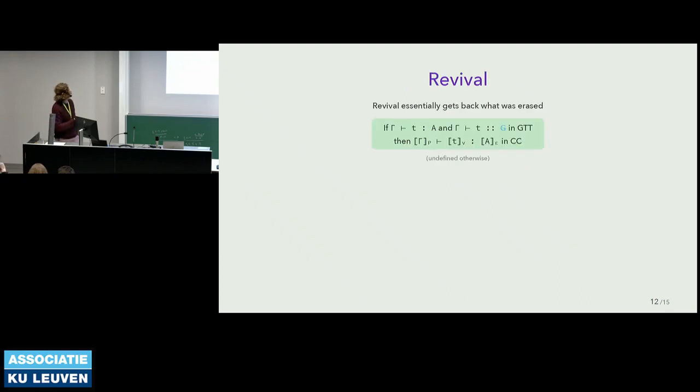This is something new, or it's inspired by resurrection from Frank Pfenning. So you just try to get back what you erased. If you have hidden something, you just take the erasure of that thing. If you revealed something, you can do the computation to get back the thing. And then application just cases on the mode of the argument to know what to do.